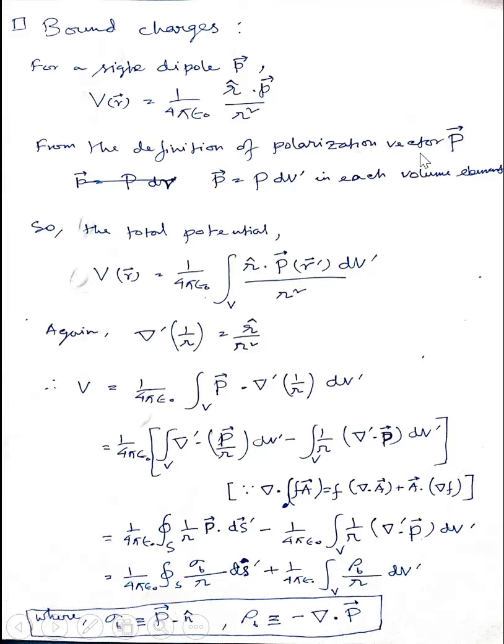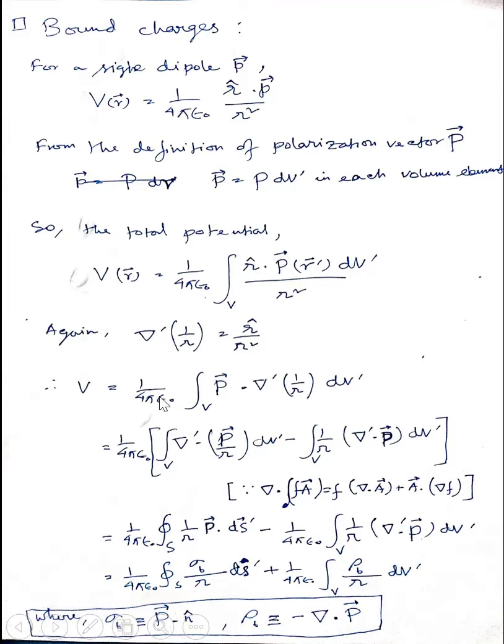Now if we replace this dipole moment by the polarization vector, small p equals capital P dv dash for a volume element, the total potential will be like this, integrating over the total volume and replacing small p by capital P. Then the gradient of 1 by r can be written as r vector by r square, r-hat by r square, you know.